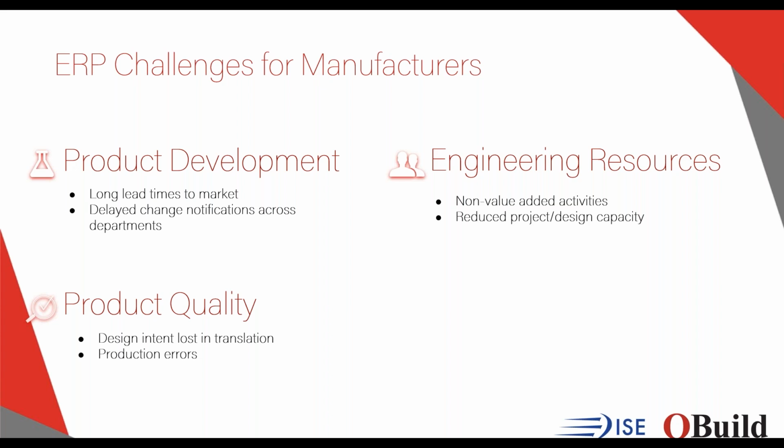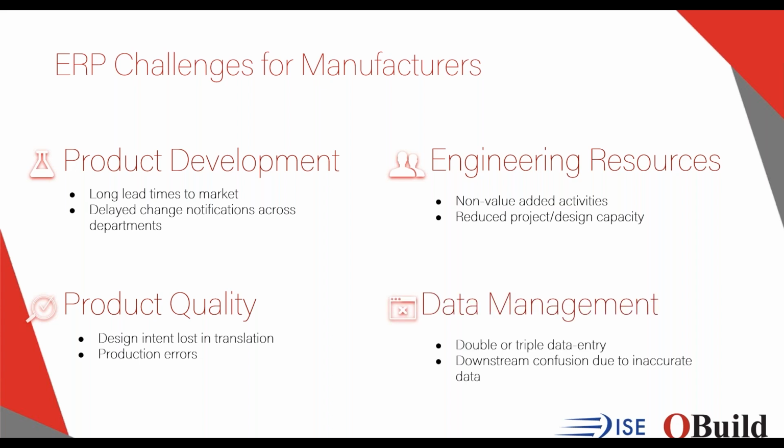It's adding a lot of non-value activities to your engineering team, having them focus on clerical work and manual data entry, rather than giving them actual engineering work like new projects or helping customers with requests or custom designs, etc. A lot of customers face reduced project and design capacity for the engineering team, and maybe they're not even aware of it because they're not aware of how much time data entry is taking from their engineers and engineering team in general.